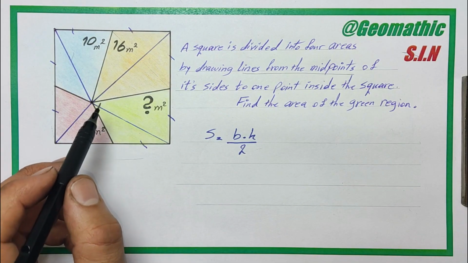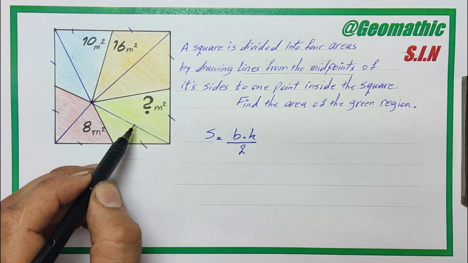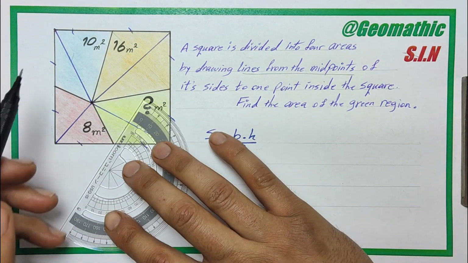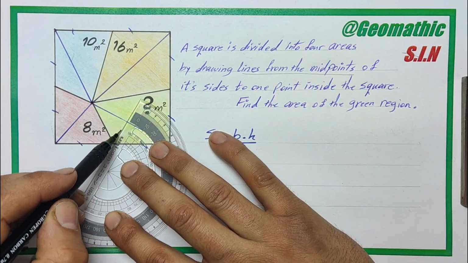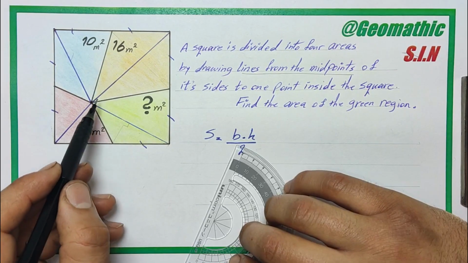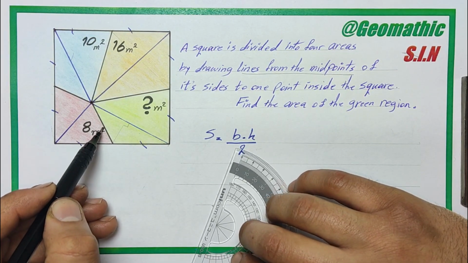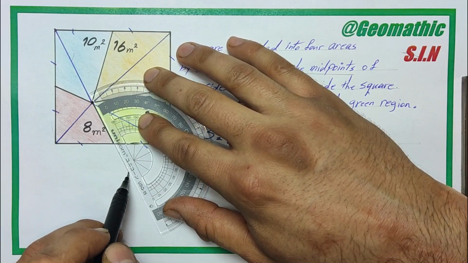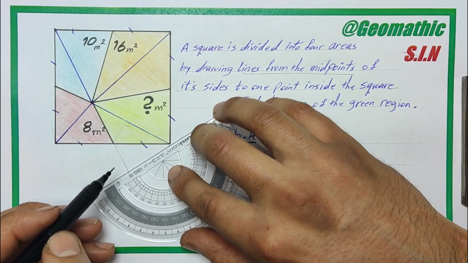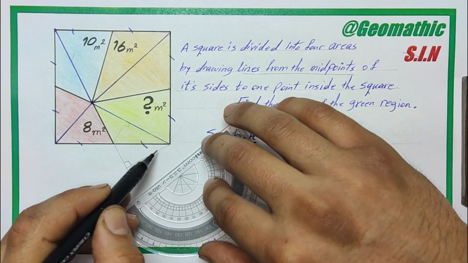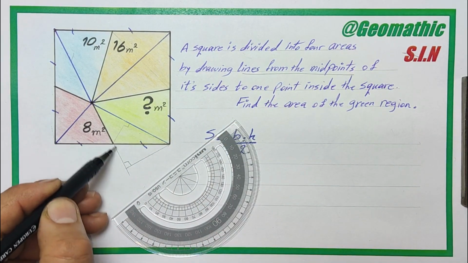Therefore, if we consider this line as the base, the height can look like this, which is perpendicular. If we use this line as the base, the height reaches approximately here, which is perpendicular to this base.